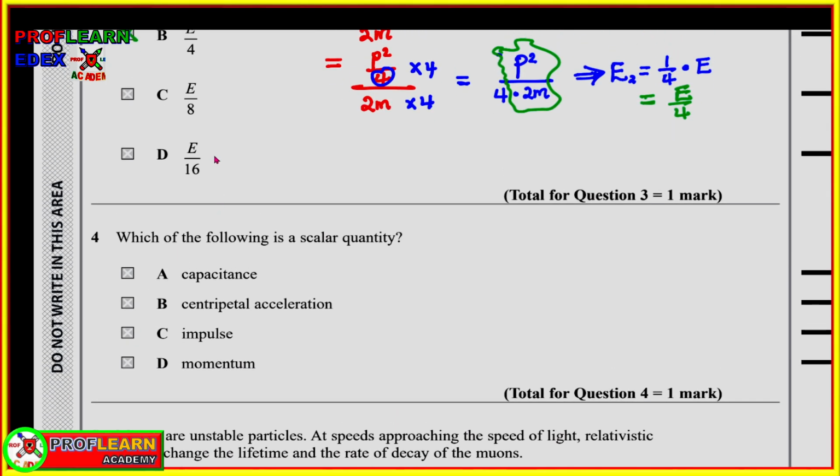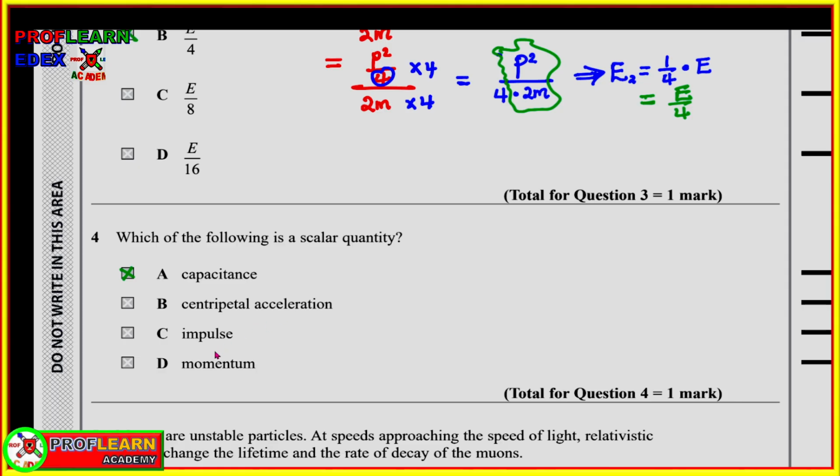Which of the following is a scalar quantity? We're going to look at capacitance. Capacitance is a scalar quantity because it has only magnitude but no direction. Centripetal is a type of acceleration. Acceleration has direction.